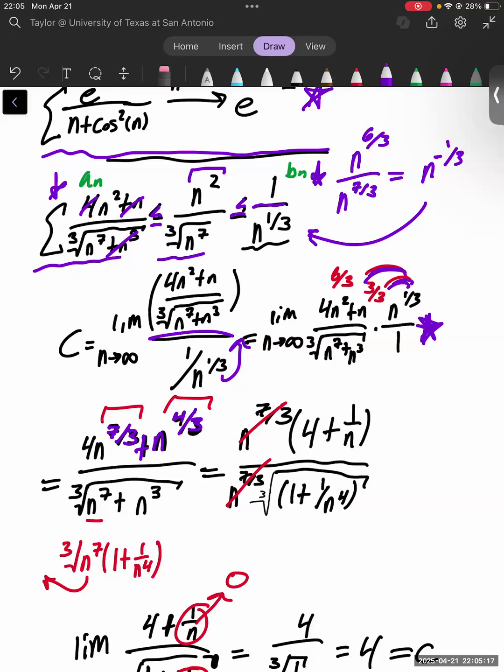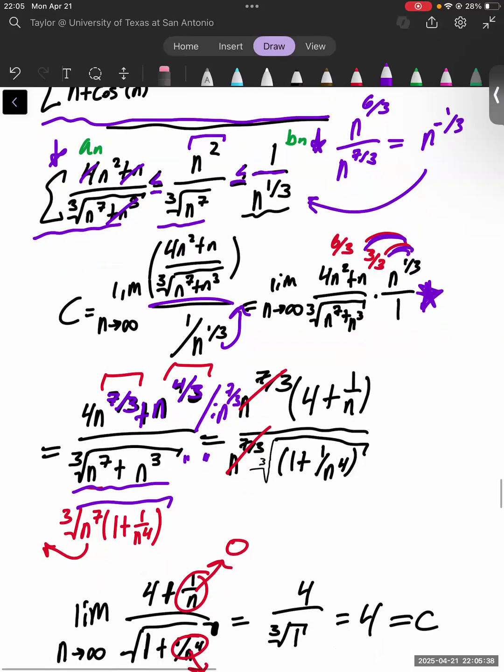And then what I'm going to do here is on the top and the bottom, I'm going to factor out n to the 7 over 3, and likewise for the bottom. In this case, what I can do is factor out the n to the 7th on the inside, and then pull it out as n to the 7 over 3.